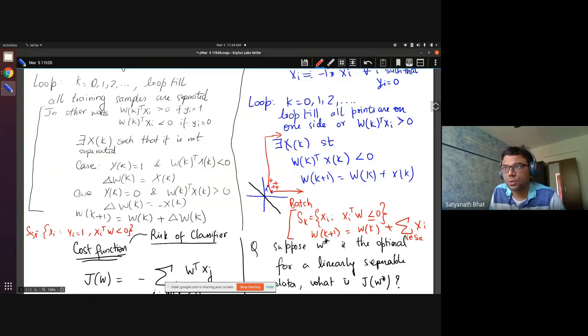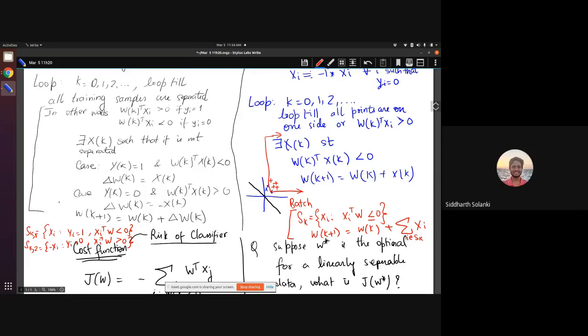And then you can have SK2, which is minus Xi, such that Yi is equal to 0 and Xi transpose W is greater than 0. You can do these two and then add them. Does that make sense? You can have a batch version even for the original. Yes, sir. Okay.